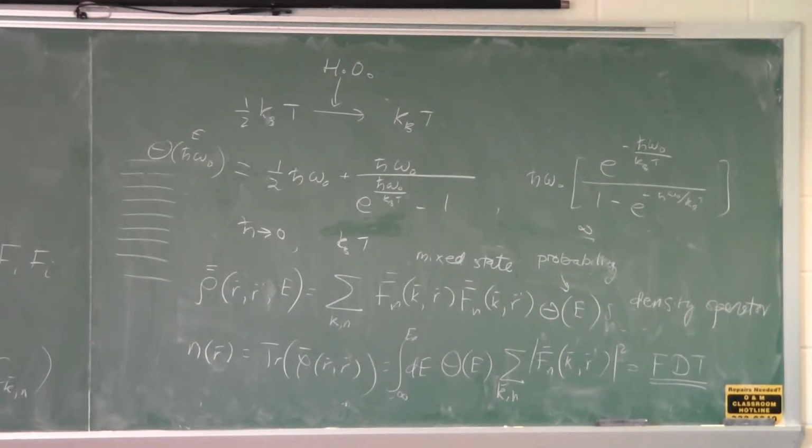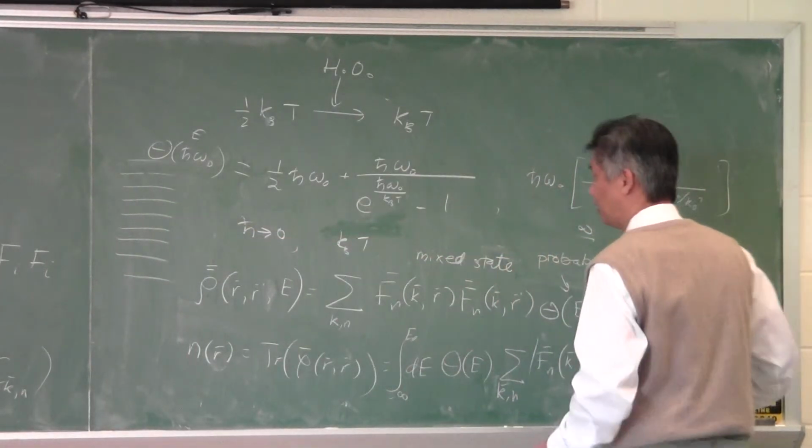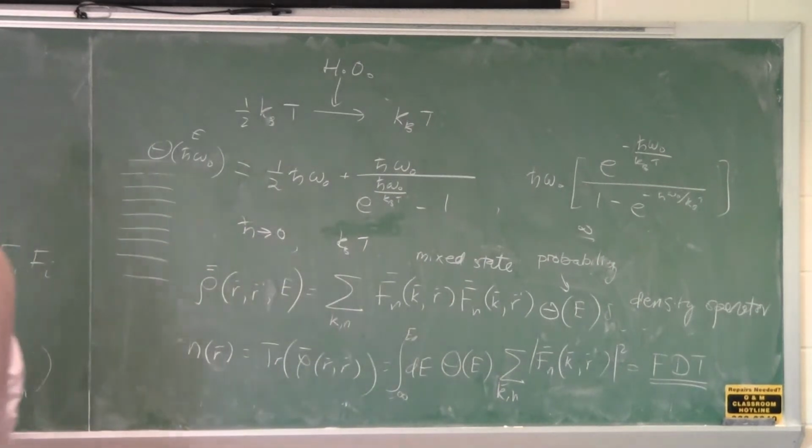Well, we actually did this for an infinite homogeneous medium. Then we asked ourselves, what change would there be if I were to repeat this derivation for a periodic structure?